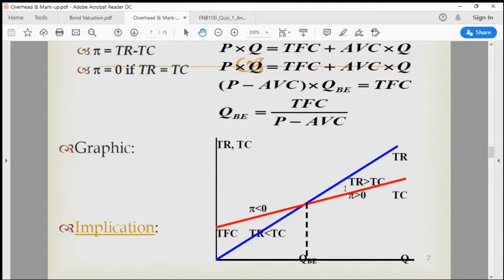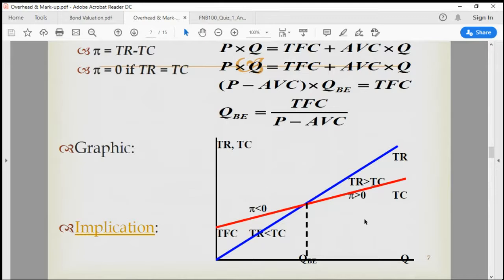That's the break-even point. We already talked about this, so I'm not gonna go further about that. Now, the break-even point can also be shown graphically. You can point to this. I don't know if you can see this arrow on this slide.